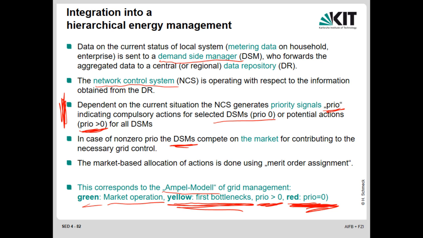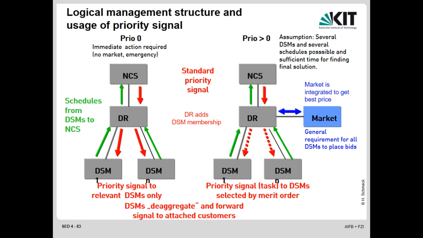And this is the current model for the grid operation that is just being developed. Green for free operation of the market, yellow slightly controlled, red means directly controlled. And this is visualized here.